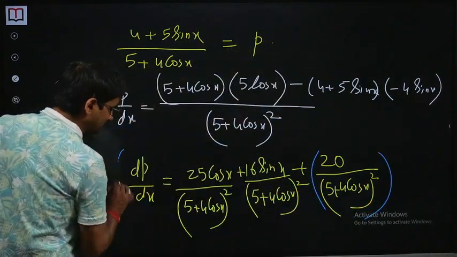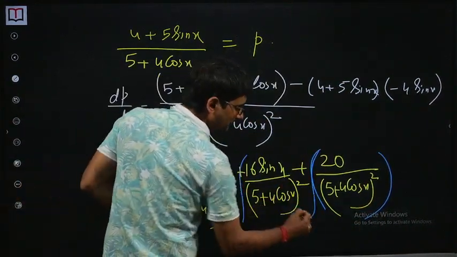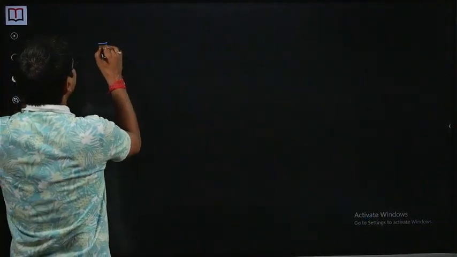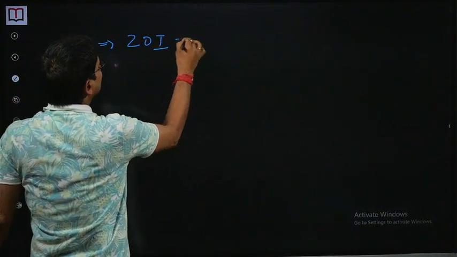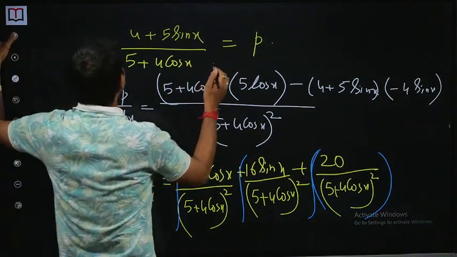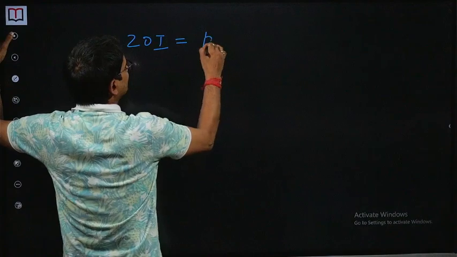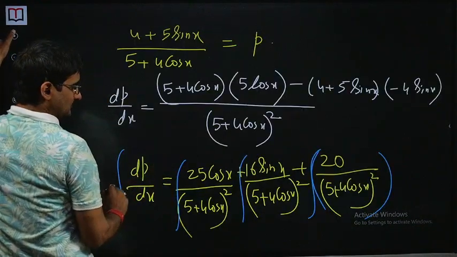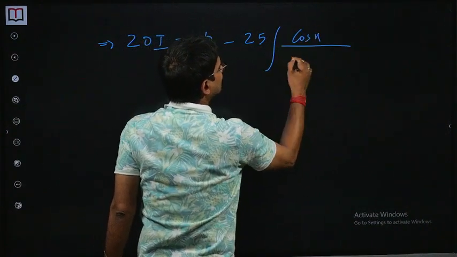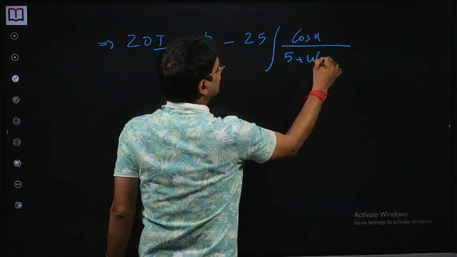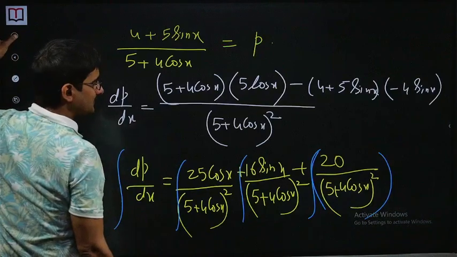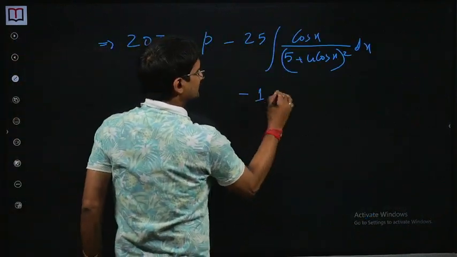So integrating both the sides, we need its integral. So this is 20 times I is equal to, now see, its integral is what? So its integral is p, isn't that? So it's p minus integral 25 cos x upon (5 plus 4 cos x) whole square dx, and then minus 16 sin x.